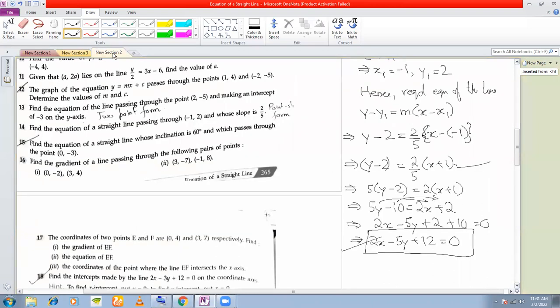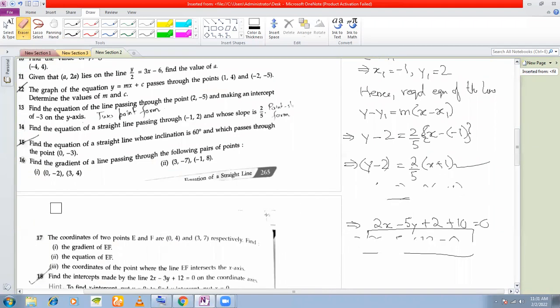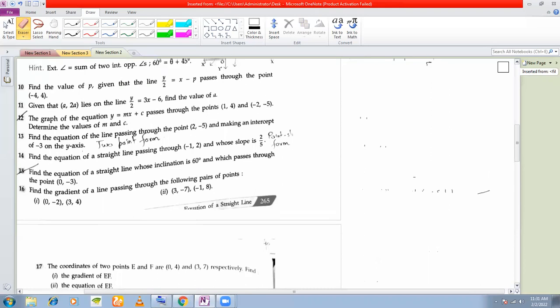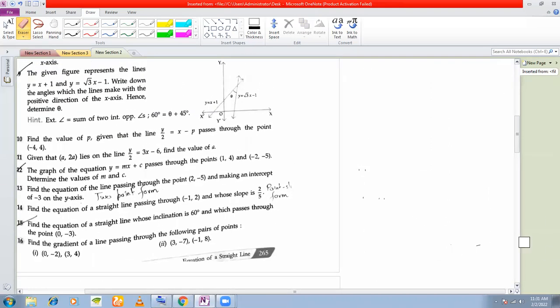Okay. So let us see one problem from 2-point form. Let's say question number 13 is an example of 2-point form. Question number 13, if you see here, it's given, find the equation of the line passing through 2 minus 5 and making an intercept -3 on the y-axis.